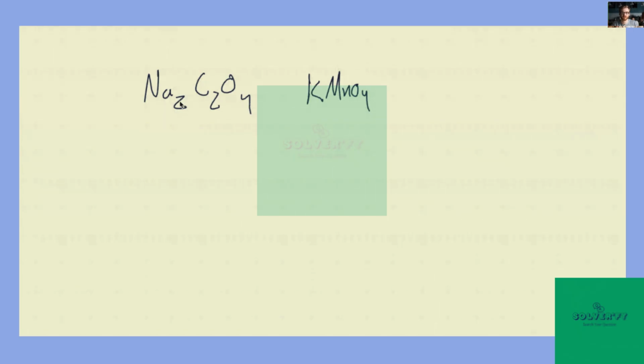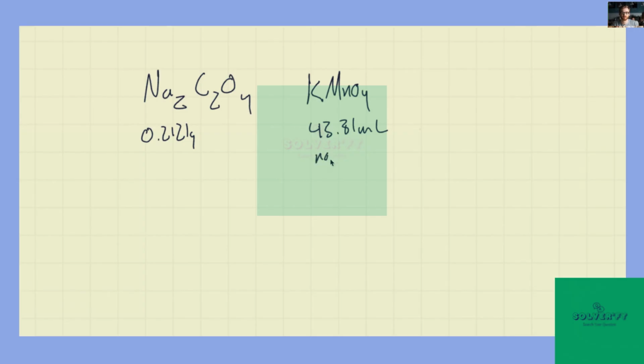Specifically, we're titrating a 0.2121 gram sample of our sodium carbonate with 43.31 mL of some potassium permanganate solution. We don't know what the molarity or normality of our potassium permanganate is.